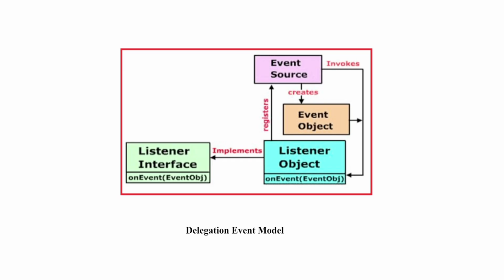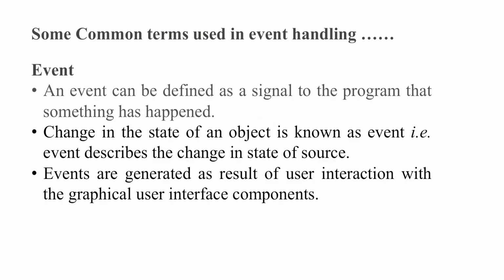So this is a diagram for the delegation event model. We have event sources, listener object, listener interface. We will come to know these terms one by one. So event, as I told you, is defined as a signal to the program which shows that something has happened. So we can say a change in the state of an object is known as an event. An event takes the object from one state to another, and these changes are known as the state of sources.